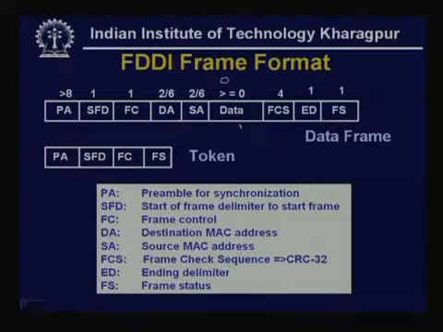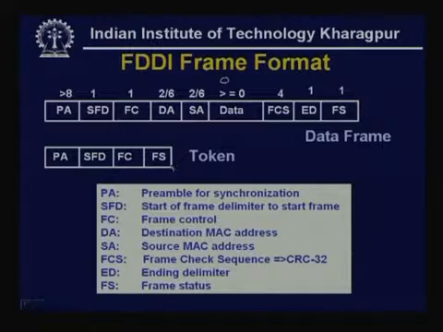There is, as such, no limit, but there is some maximum limit, quite high. And then there is a frame check sequence. It is a 4 byte cyclic redundancy code, a 32 bit cyclic redundancy code is being used, and there is an ending delimiter of 1 byte, and frame status, as you have already discussed in the context of 802.5, is also used here.